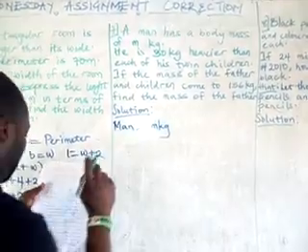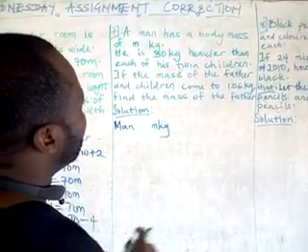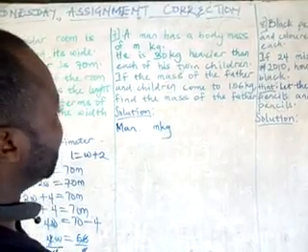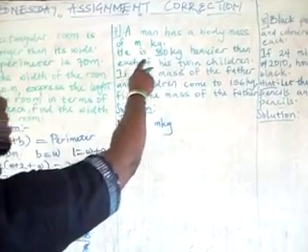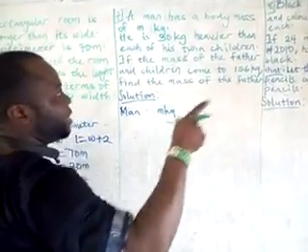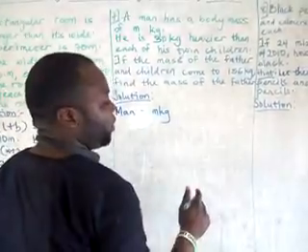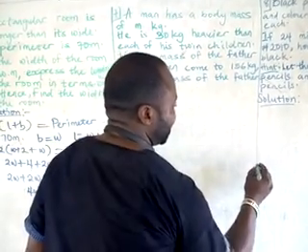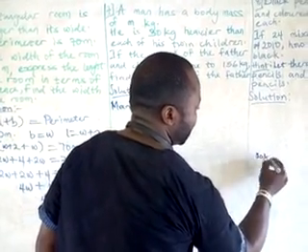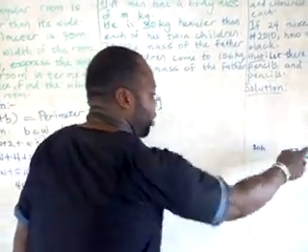Then the children, don't forget, he gave birth to twins. So we can say that the man is 30 kg heavier than the children. That means if the man is 50 kg, then the children will be minus 30.